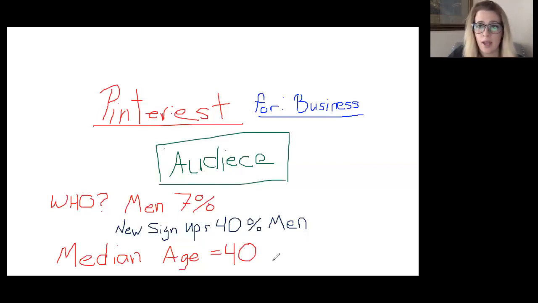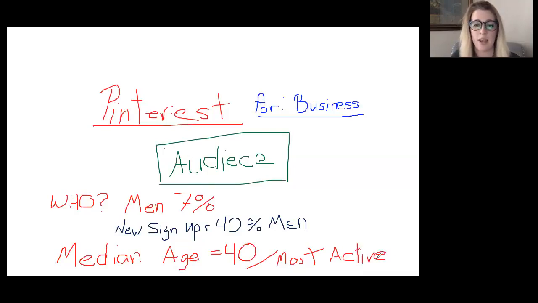However, the demographic that is the most active tends to be under 40. So under 40 tends to be a lot more active as it goes with pinning and repinning. So other folks are getting on there quite a bit, but perhaps they're just viewing the content or not necessarily pinning as much. So those are just a few other statistics to look at.